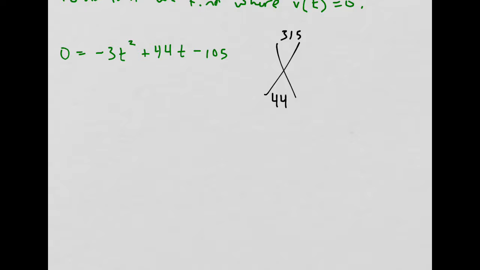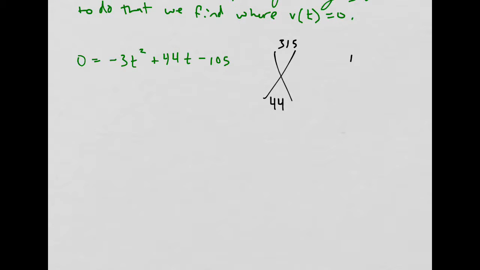I don't really know, so I'm just going to start doing factors of 315. 1 times 315, that's definitely not it. 2, that won't go in evenly. 3 and 105. I'm honestly just taking 315 and dividing it by numbers and seeing what I get. That's how I write out the factors. When it's huge like this, I'm just going to do it systematically. That's how you can do it too. Or you can do it in a calculator. There's a function that solves these. Maybe I'll teach you how to do it.